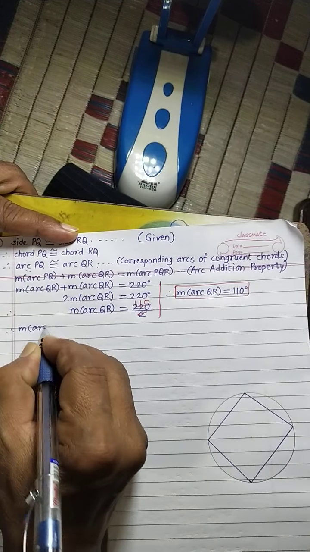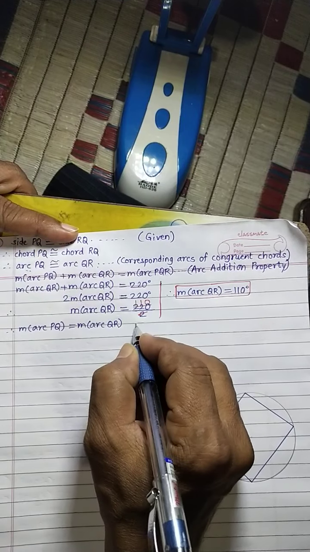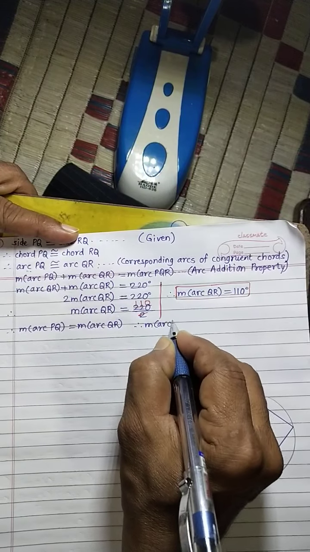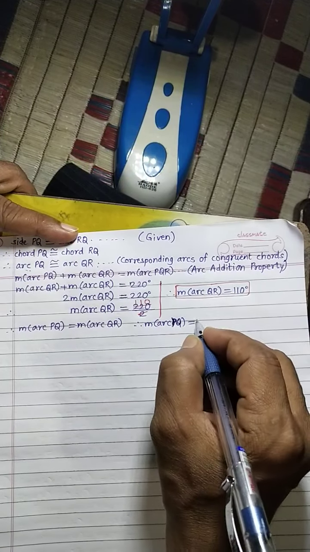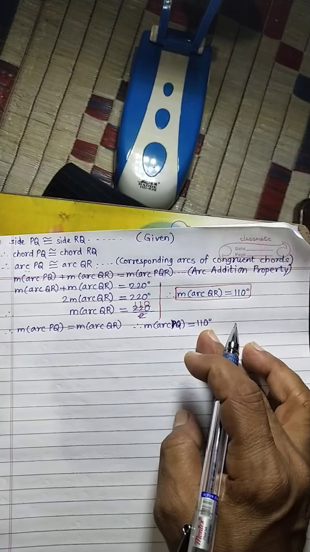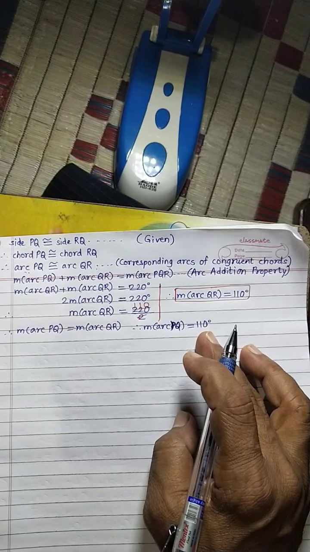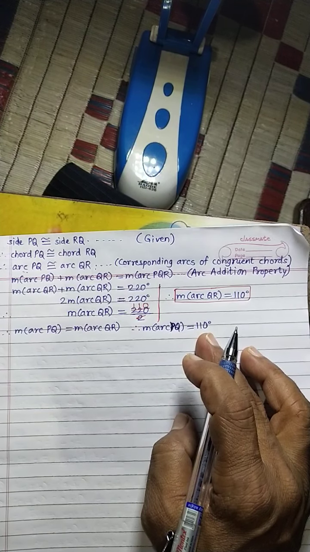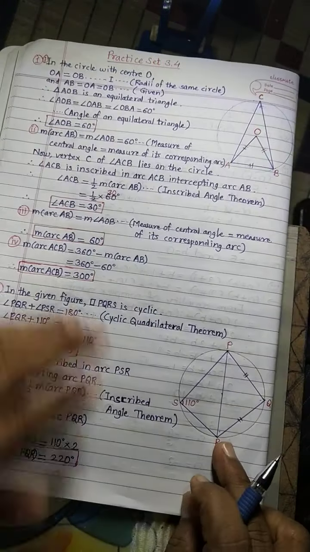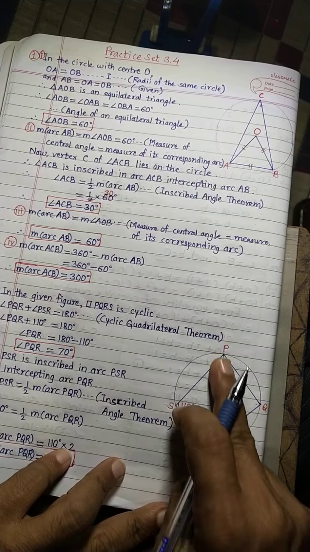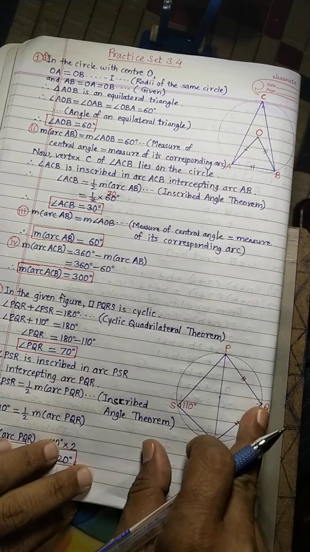So the measure of arc PQ is also 110 degrees. Now, angle PRQ is inscribed in arc PRQ, intercepting arc PQ.